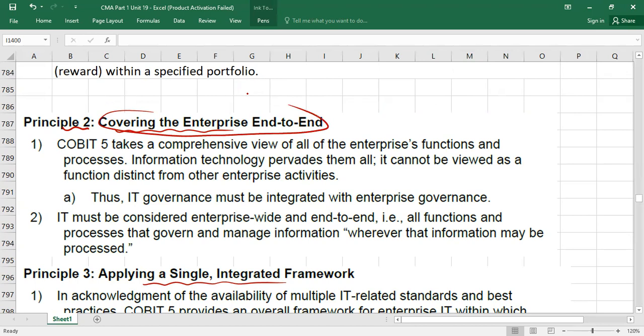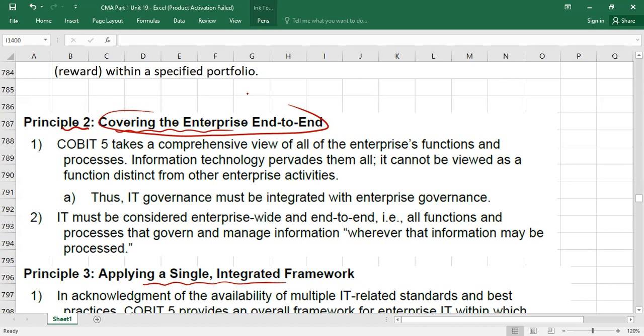What does it mean? It is not hard and fast rocket science. No, covering the enterprise end to end, meaning to say, when you apply IT, you cannot say computers or IT are distinct from other enterprise activities, or you do not apply IT only in a single department.